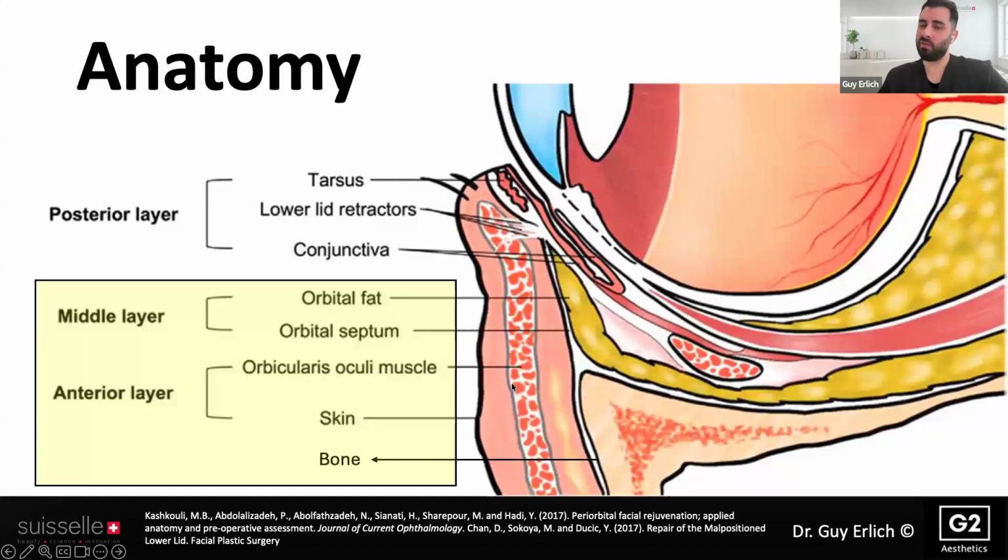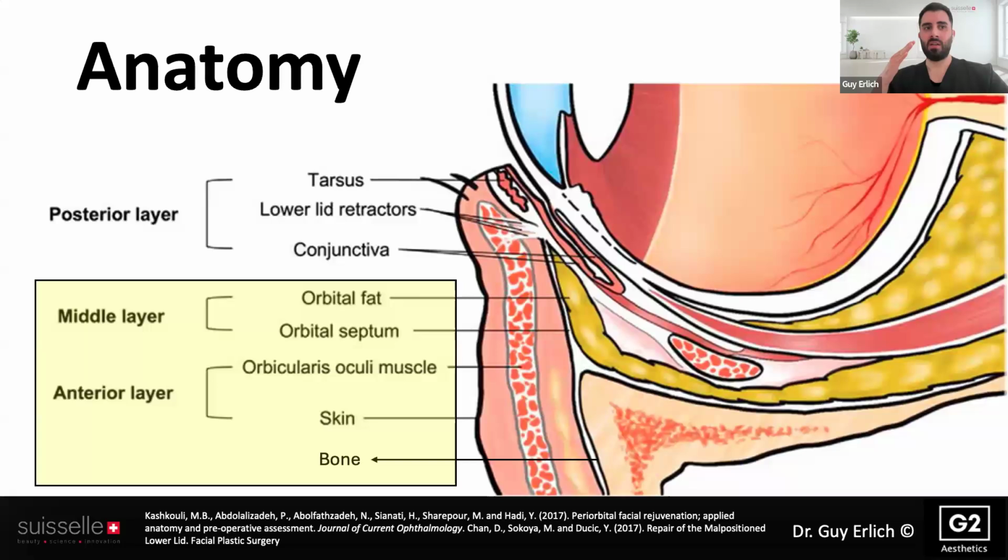And underneath, if we are inside the orbital area, not periorbital, intraorbital area, we can see the orbital septum and the orbital fat, and then the posterior area with the tarsus is something that we are not treating. But we can treat the anterior and the middle layer, and we will see it later according to the pathology.